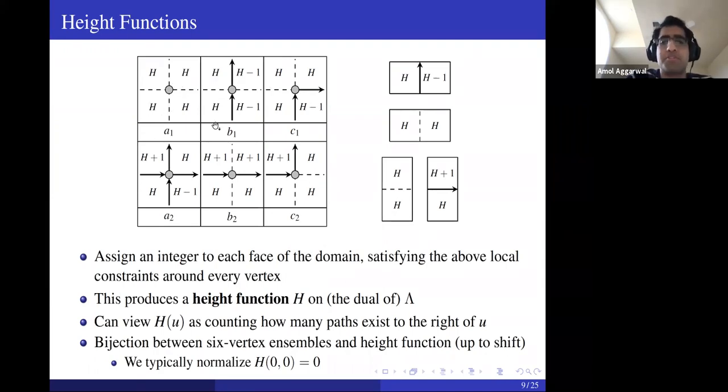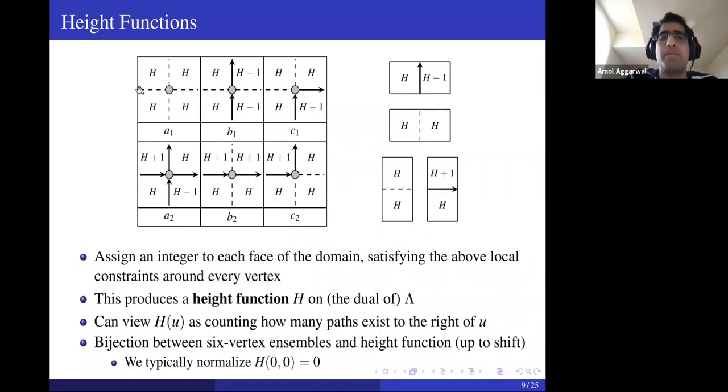Okay, so this looks kind of complicated, but let me just tell you the pattern here. There's a vertex in each of these six pictures, and in the bottom left face attached to the vertex, the height function is always h. And what I'm doing next is telling you how to evolve the height function at the remaining three faces surrounding the vertex, assuming I know the arrow configuration of the vertex.